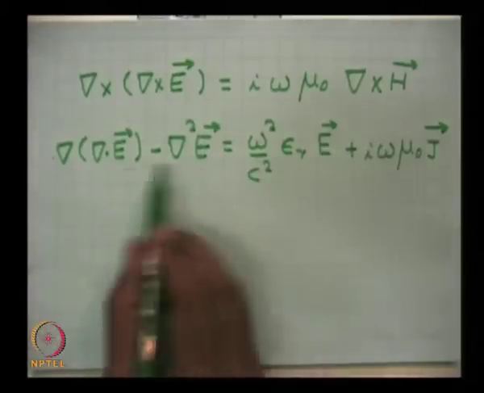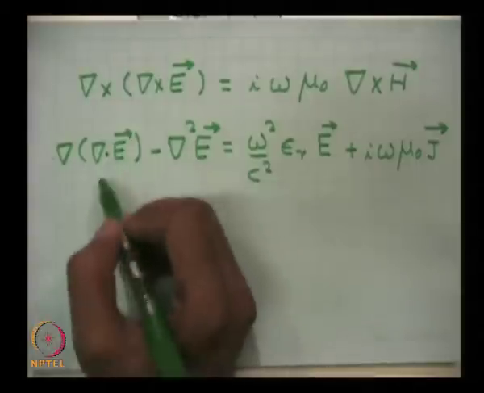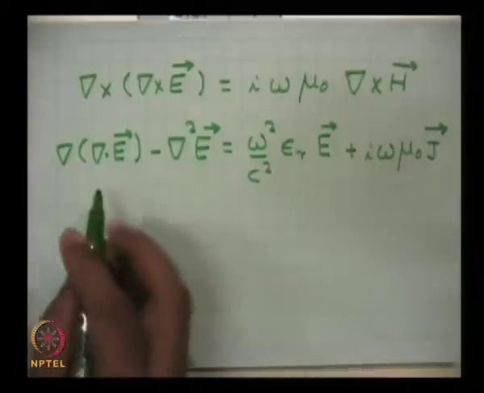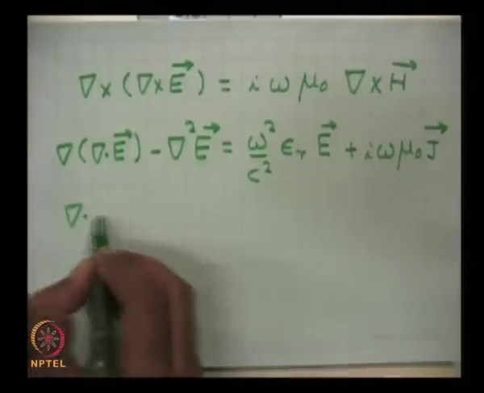The divergence of E is an inconvenient term. So in order to obtain the value of divergence of E, take del dot of this equation.